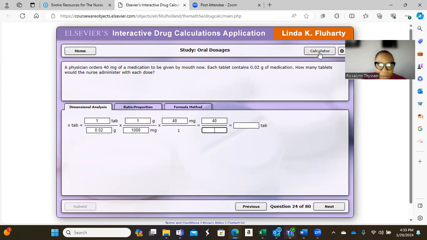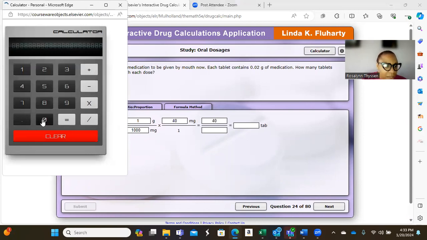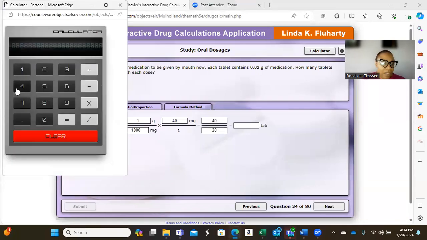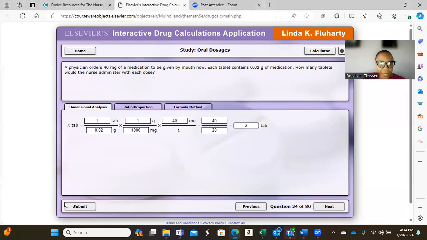Then we've got 0.02 times 1,000, and that's 20. Then we do 40 divided by 20, and that should be 2 tabs.